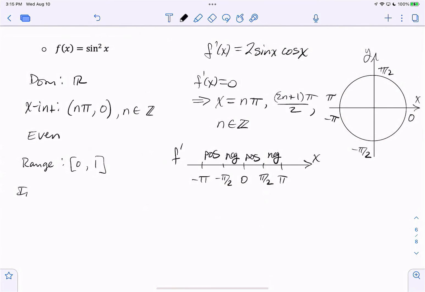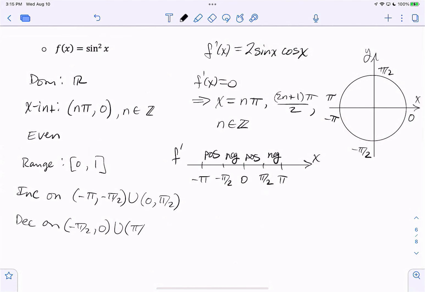Let's use this information to say that the function is increasing on, and we'll just identify a couple of the intervals, negative pi to negative pi over 2, together with 0 to pi over 2, and decreasing on negative pi over 2 to 0, together with pi over 2 to pi.